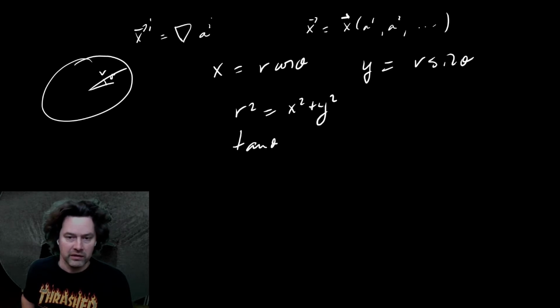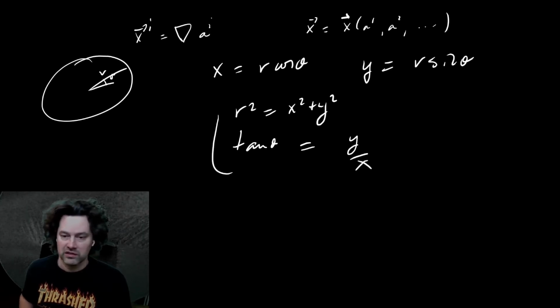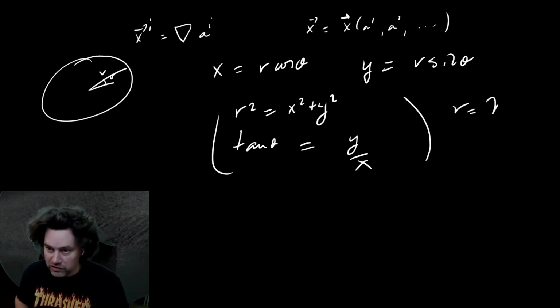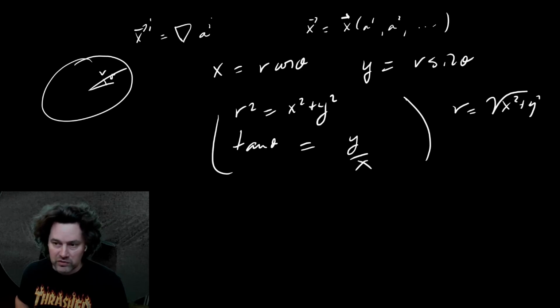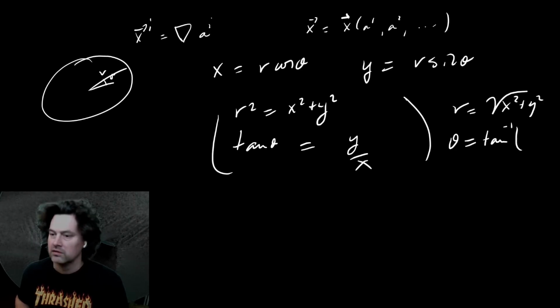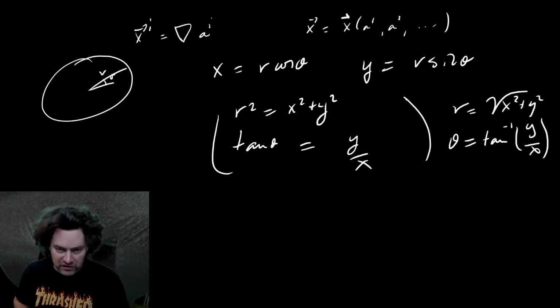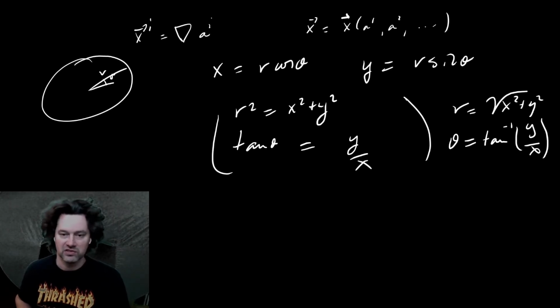Tan theta is going to be sine over cos, which is y over x. So here's a solution for r, and we can make a full solution should we want to: r is the square root of x squared plus y squared, and theta is the arctan of y over x. But we can actually work with this implicit form just as easily.